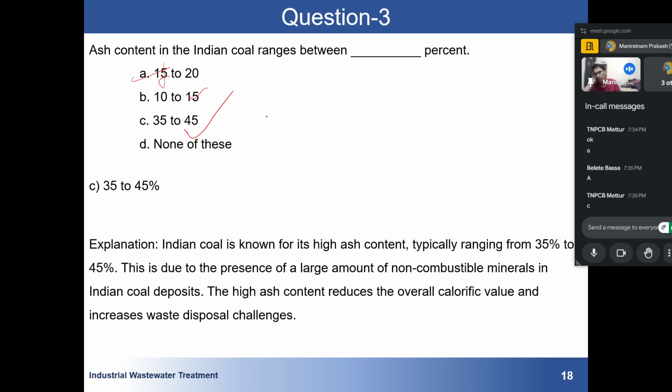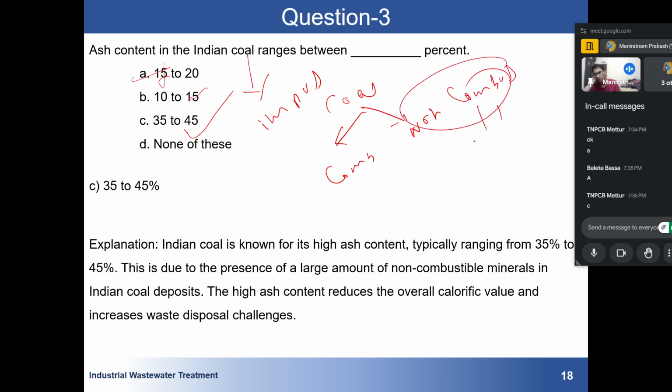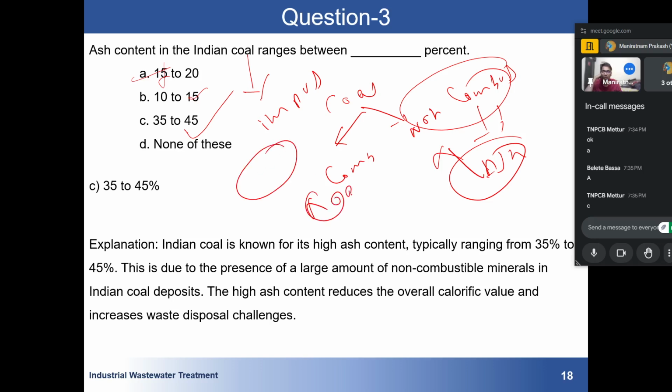Okay, I remember why it is high: more ash content means more impurities. Now coal has two parts: a combustible part and a non-combustible part. The non-combustible part results in ash. So more ash content means your coal was more impure. Now you can imagine, if you have ever used coal in your hometown or home, how much we are using a very impure form of coal.